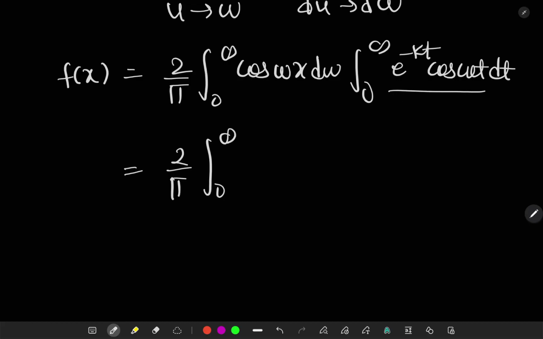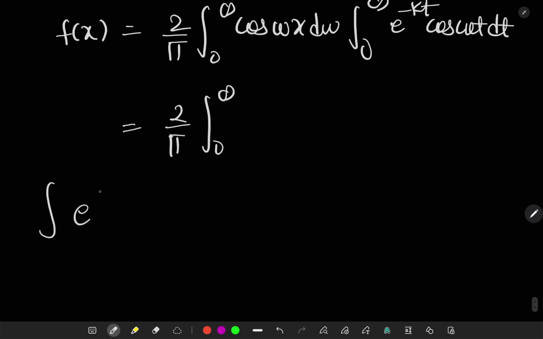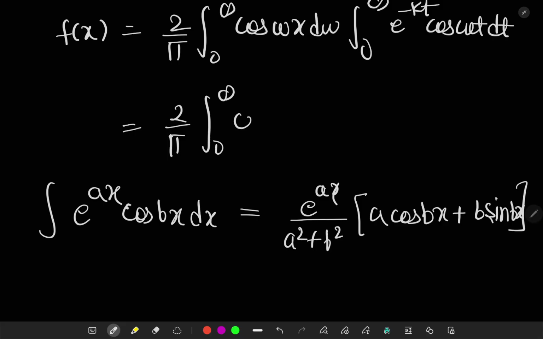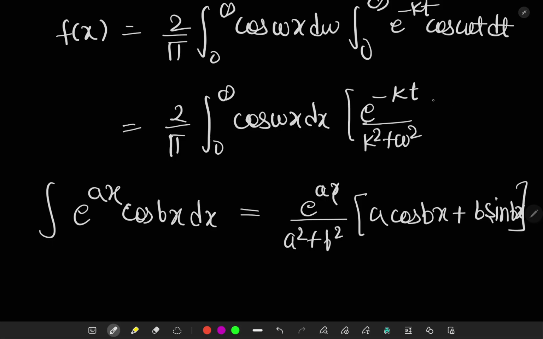Now after integrating this term using the formula integral e raised to power ax cos bx dx is equal to e raised to power ax divided by a square plus b square into a cos bx plus b sin bx, we get e raised to power minus kx divided by k square plus w square into minus k cos omega t plus w sin omega t.